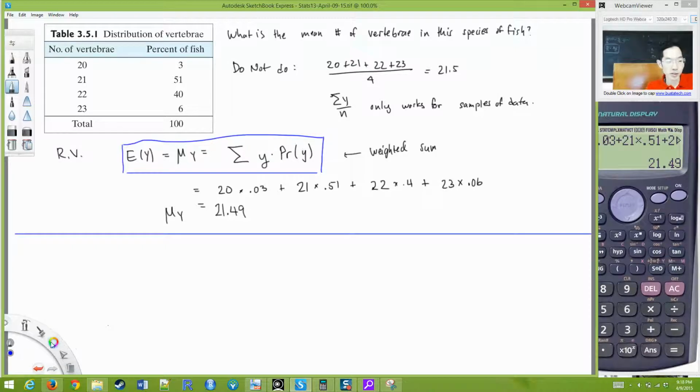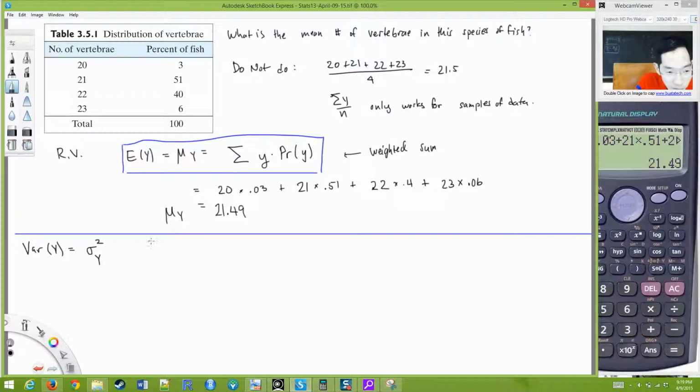Let me also do the standard deviation, or the variance. Let's do the variance. The symbol for the variance of a random variable is sigma squared sub y. It is similar, except we are calculating the weighted average squared distance from the mean, the weighted sum of the squared distance from the mean.